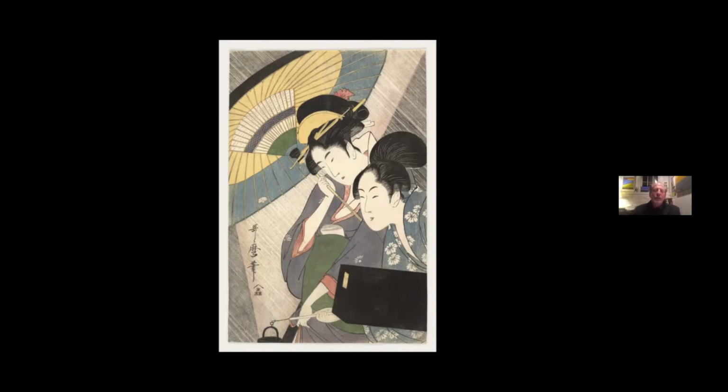Anyway, European artists were very struck by how effective these pictures were. And these were the first original art that you could buy that were in color.